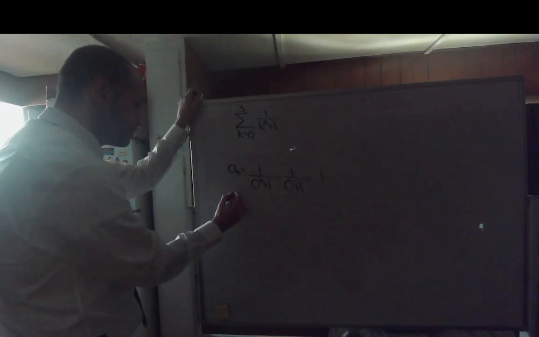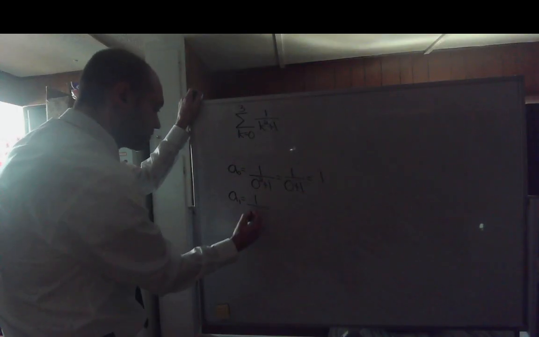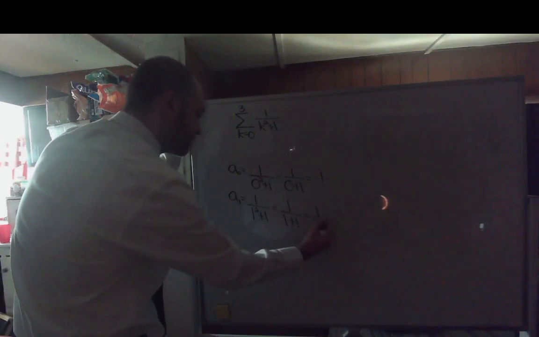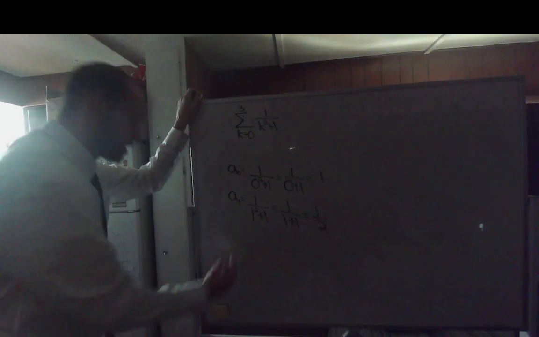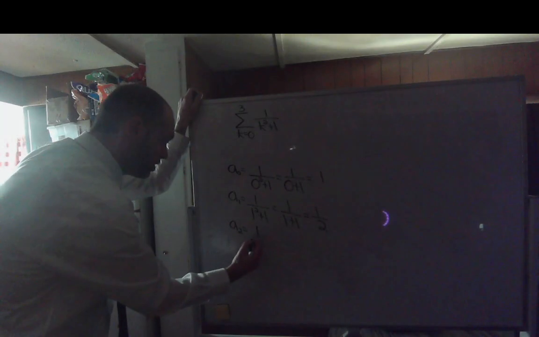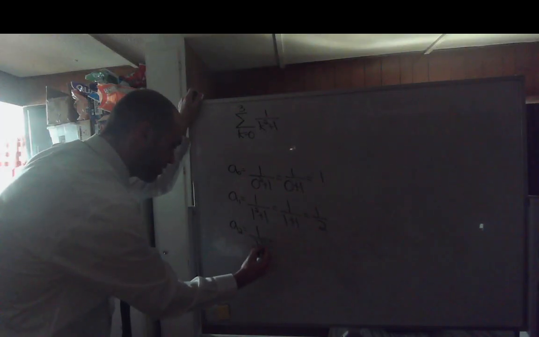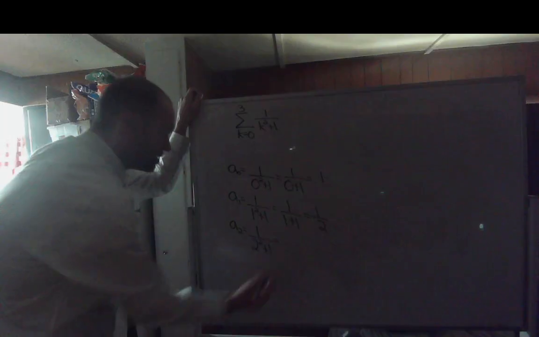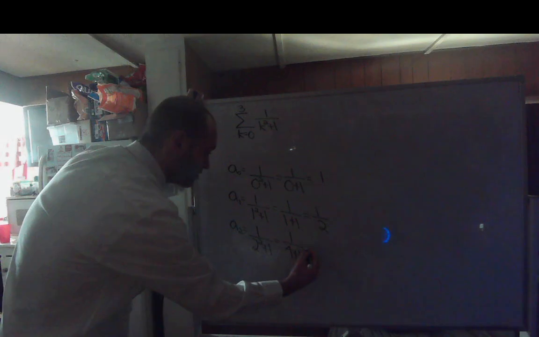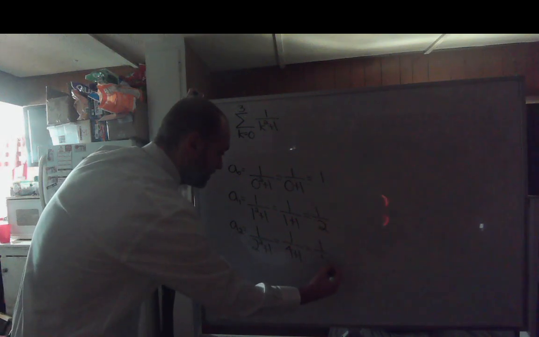Okay, now a sub 1, that's going to equal 1 over 1 squared plus 1. Well, that equals 1 over 1 plus 1, or 1/2. Then a sub 2 equals 1 over 2 squared plus 1. So that's going to equal 1 over 4 plus 1, which would end up equaling 1/5.